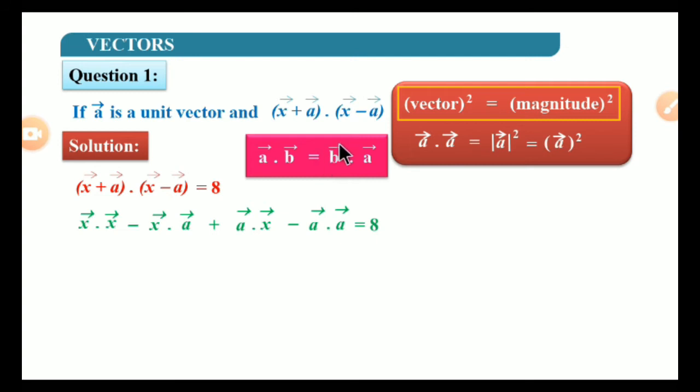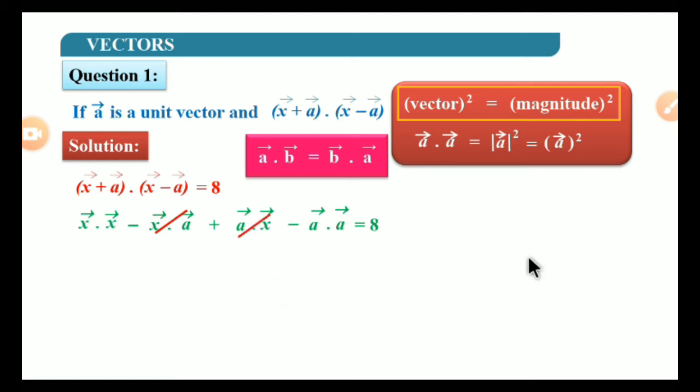And also here we have the note A · B is always equal to B · A. So we can use these two notes here. x · x becomes the magnitude of x square. Before that, we can cancel two terms here, because x · A is always equal to A · x. Both have different signs, opposite signs, so we can cancel both the terms.